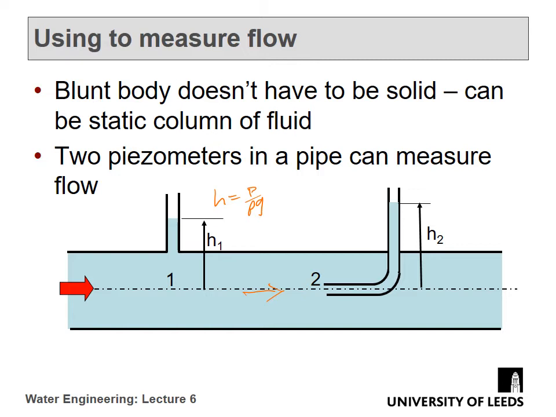In this at this H1 point, and this H2 will be V squared over 2g, the second term in the Bernoulli equation.